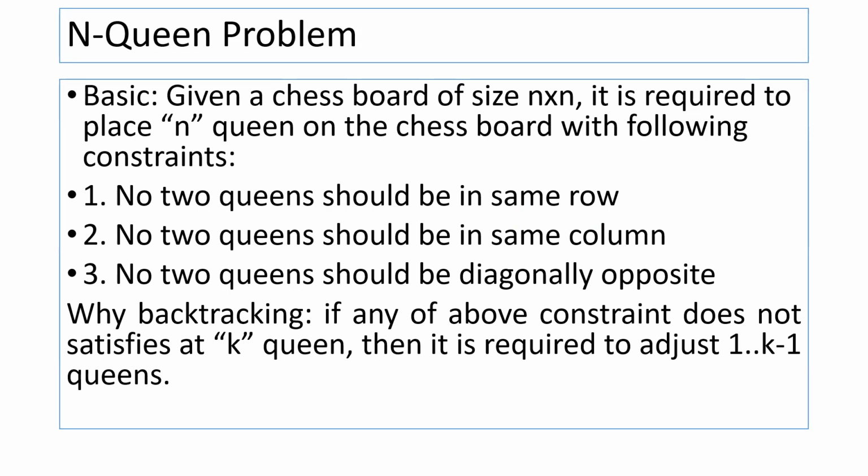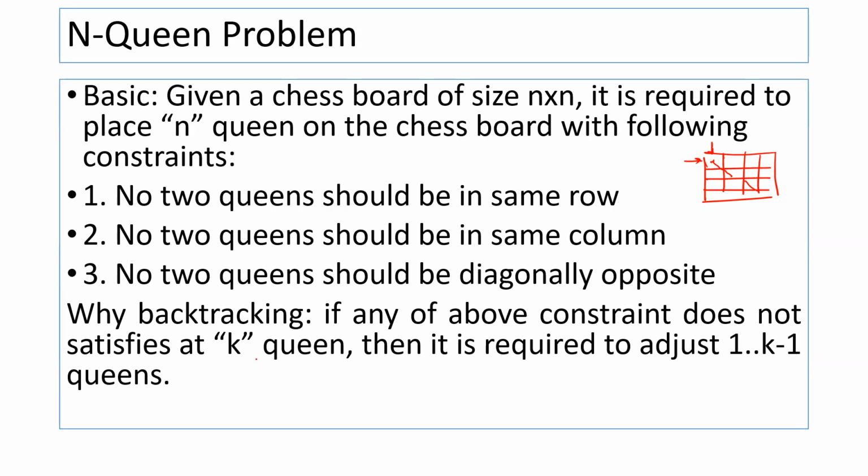If you see this as a matrix, it's very simple. If I take it as a 4 by 4 matrix, then only one queen in the row, one queen in the column, and no queens in diagonally opposite locations.